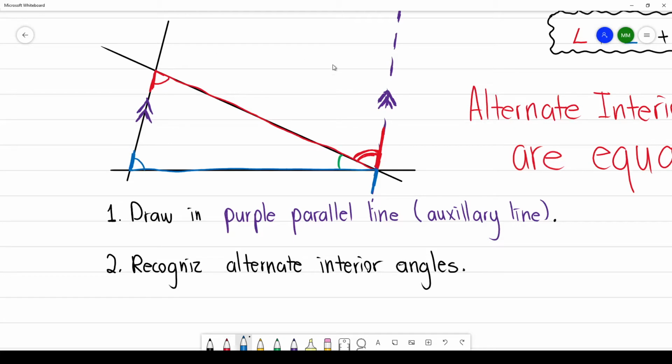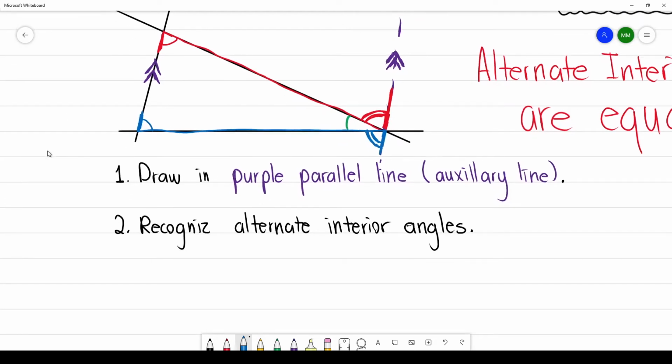So these two are parallel lines. And then you can treat this line here as another transversal. So on the opposite sides, they are equal. The blue ones are equal. So now what do you have here? Oh wait, recognize.